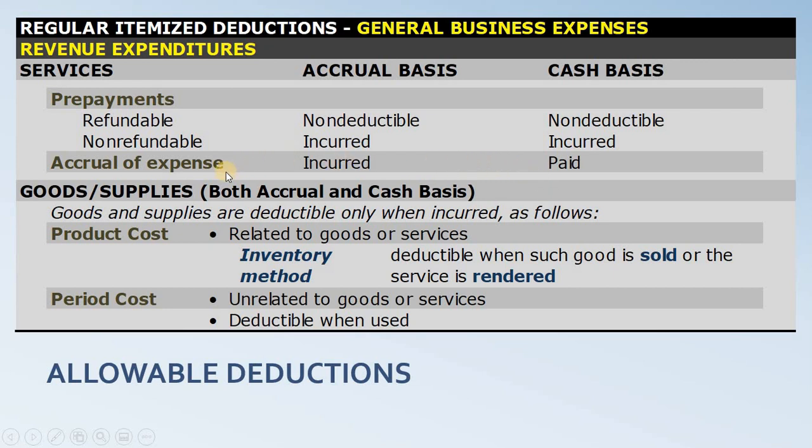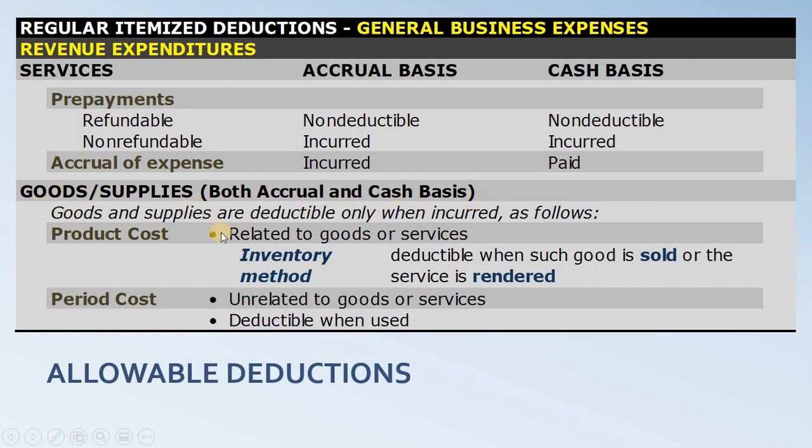However, if the expense is related to the consumption of goods and supplies, regardless of the accounting method used, whether accrual or cash basis, the goods and supplies are deductible only when incurred. And when we say incurred, it means it is consumed or used for the business.